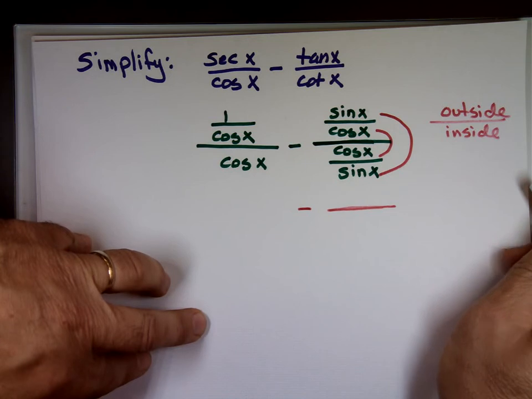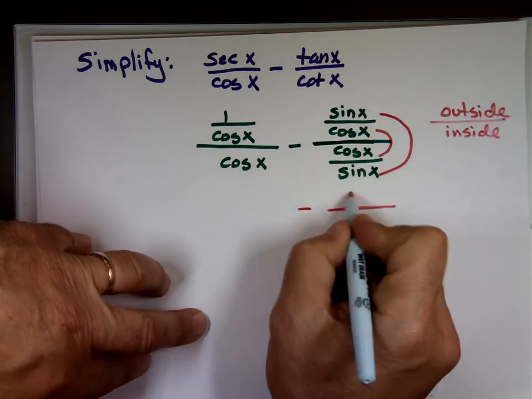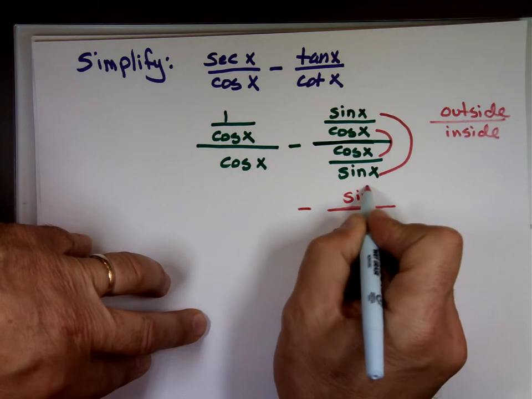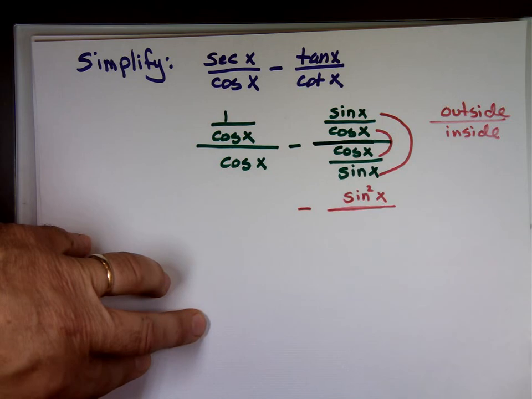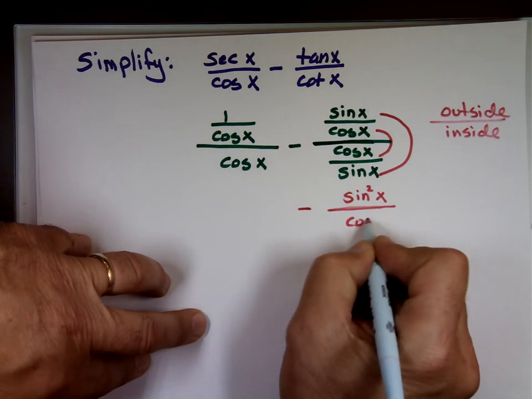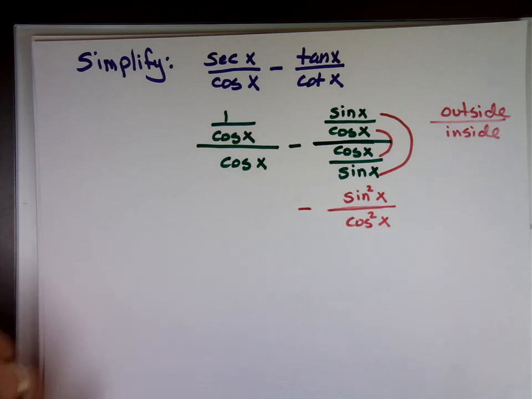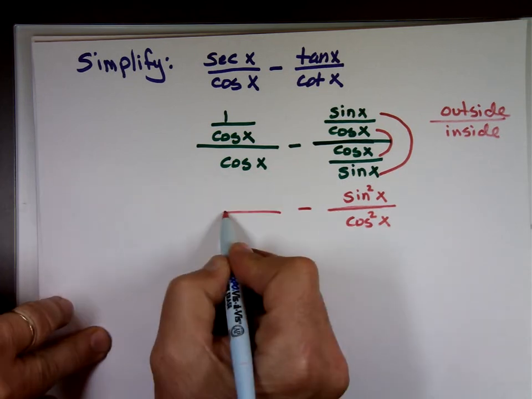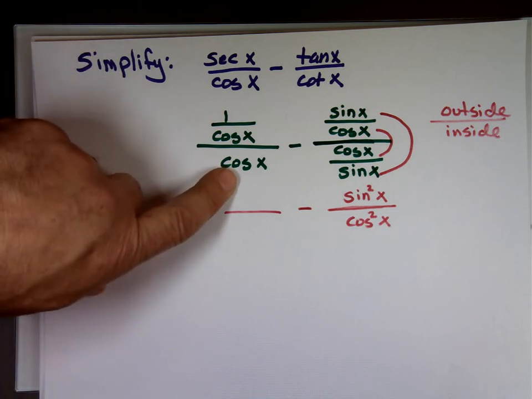Sine times sine will make it what? Sine squared. Cosine times cosine. Now this one I can't do outside over the inside because I don't have a fraction here. Perfect.